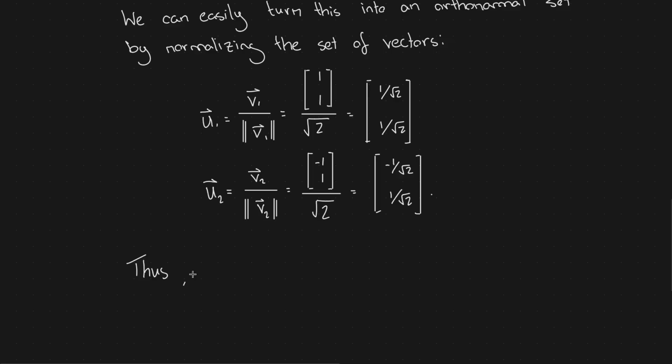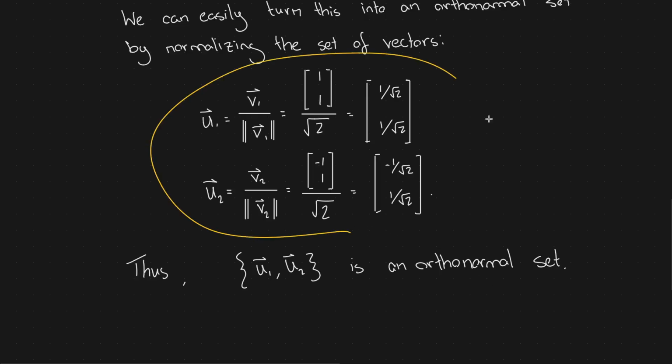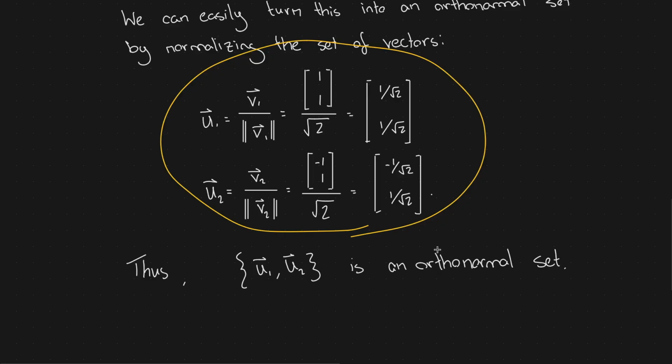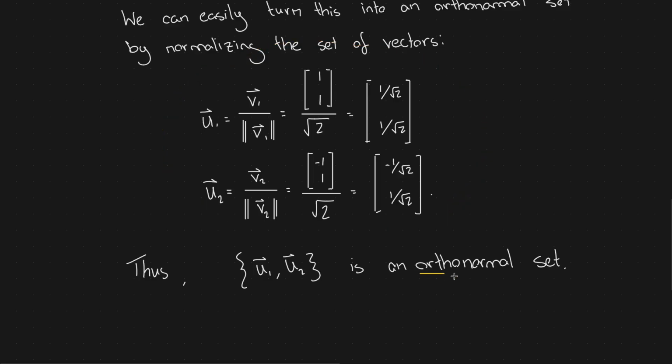So thus, the set of vectors u1, u2 is an orthonormal set. Since I normalized them, I preserved the same direction, which means they're still orthogonal. They still are 90 degrees to each other. But I changed their length into a unit vector. So these are orthogonal vectors that are each a unit vector, and therefore it is an orthonormal set.